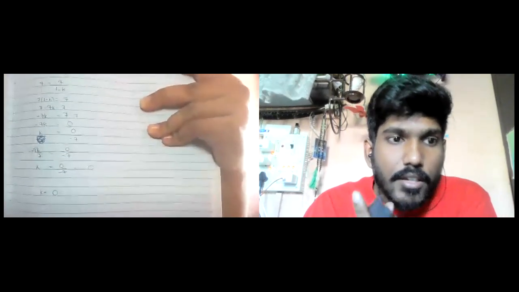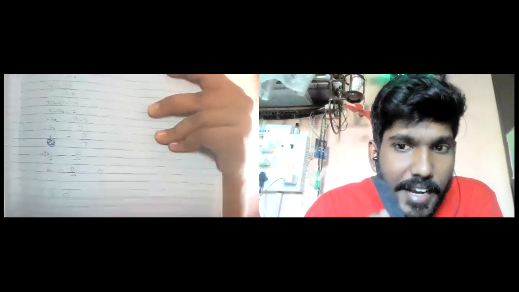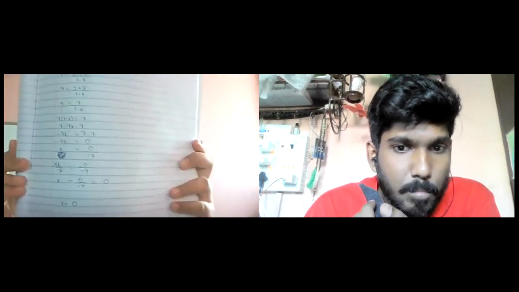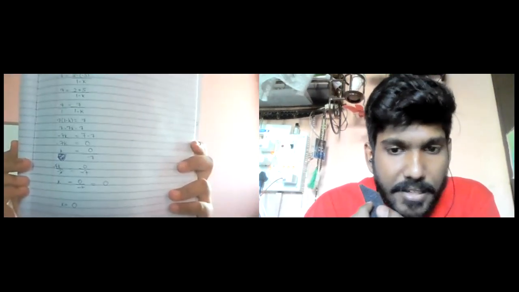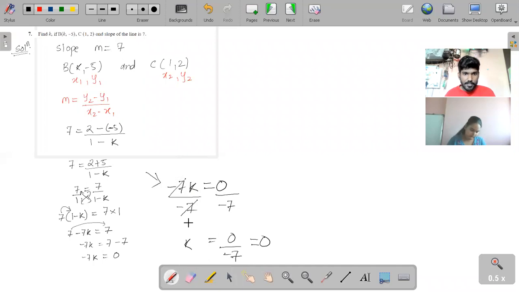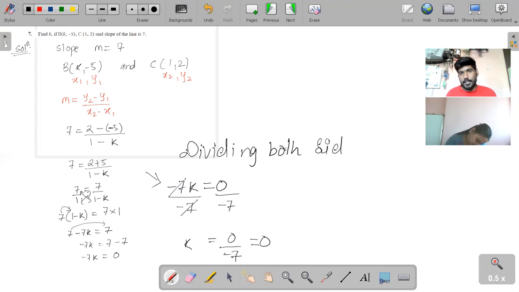Just that at that part there, dividing both sides by -7. Only one more thing, that here, before this, dividing both sides by -7. That is done.